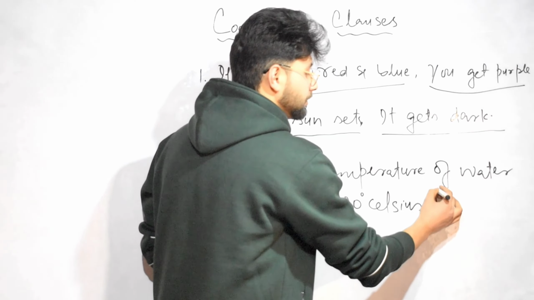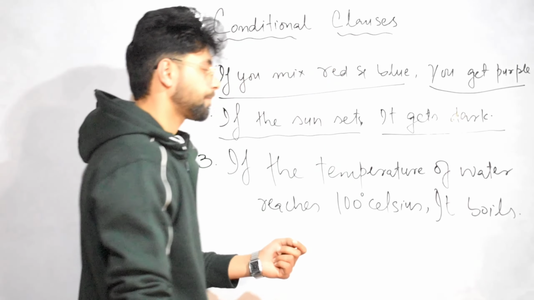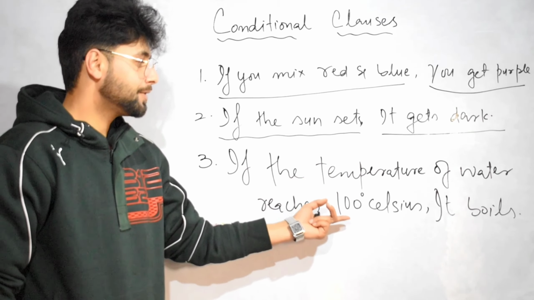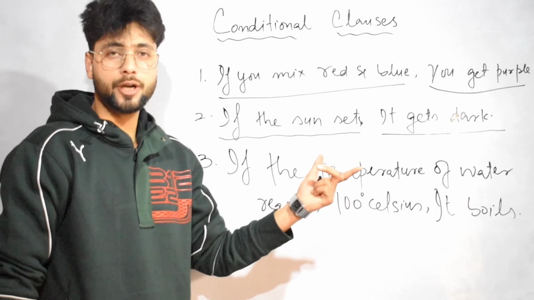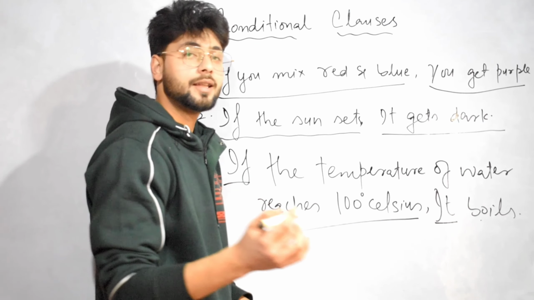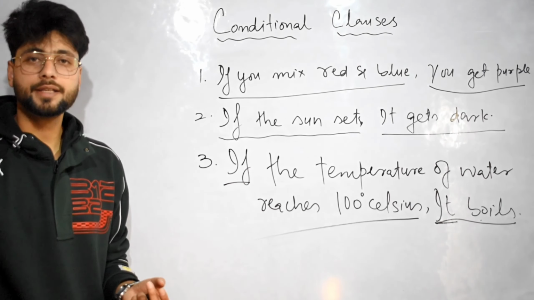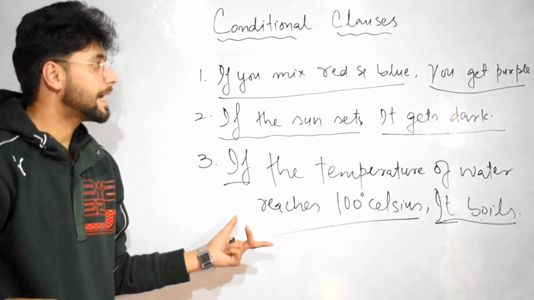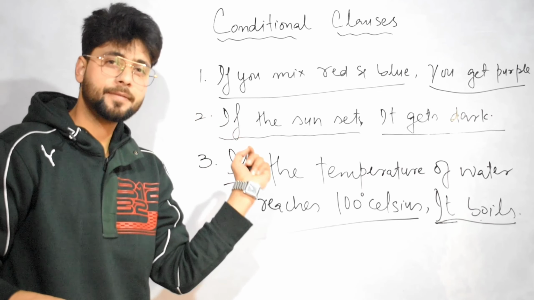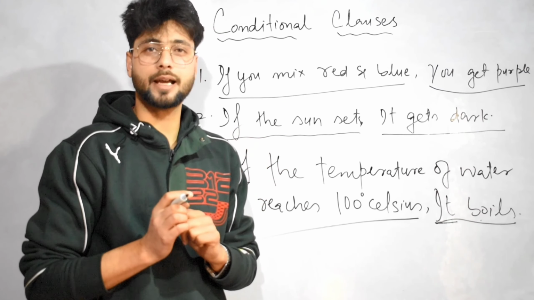It boils. If the temperature of water reaches 100 degrees Celsius, it boils. If clause up to this one, and here is the main clause. It boils. Very simple. So all of these examples use present simple, no matter whether it is the if clause or the main clause. I hope the concept is clear now.